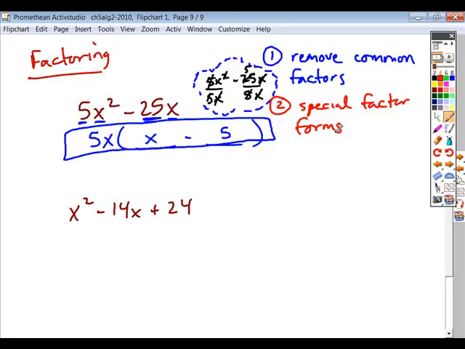So the special factor forms that you should be familiar with are the difference of squares. If you have two perfect squares that are separated by a negative, does anybody recall what the special factor form is for that?